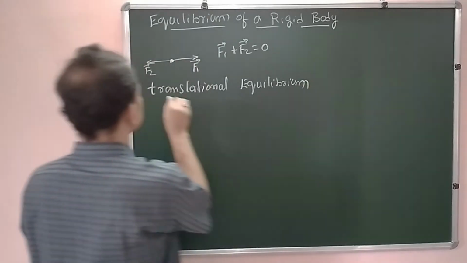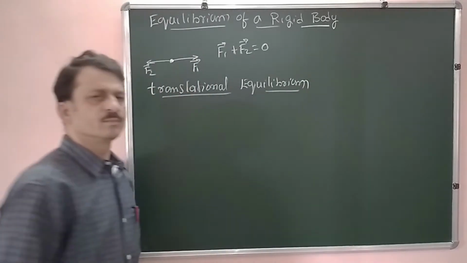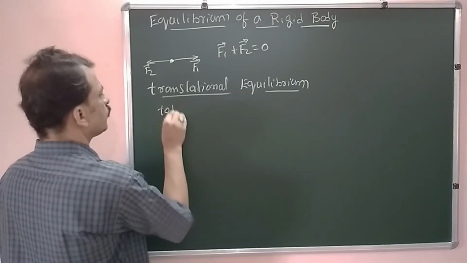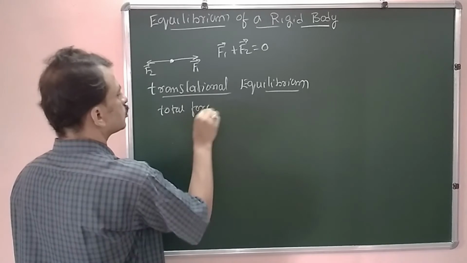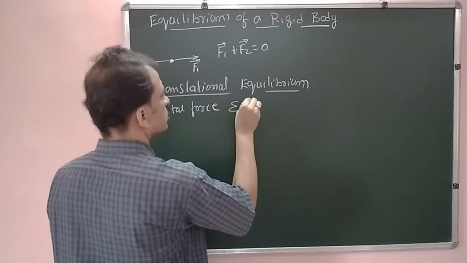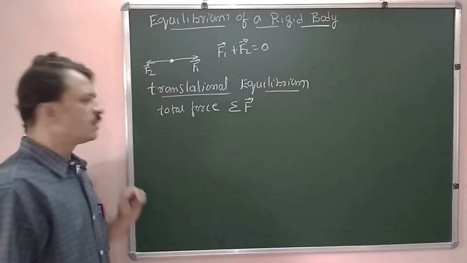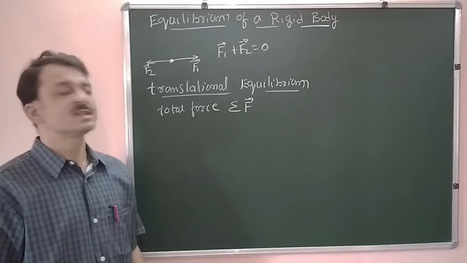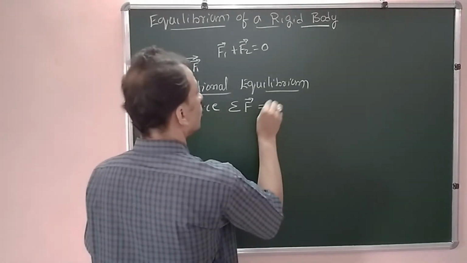A rigid body is said to be in translational equilibrium if the total force, that is sigma F, acting on that rigid body is equal to 0.